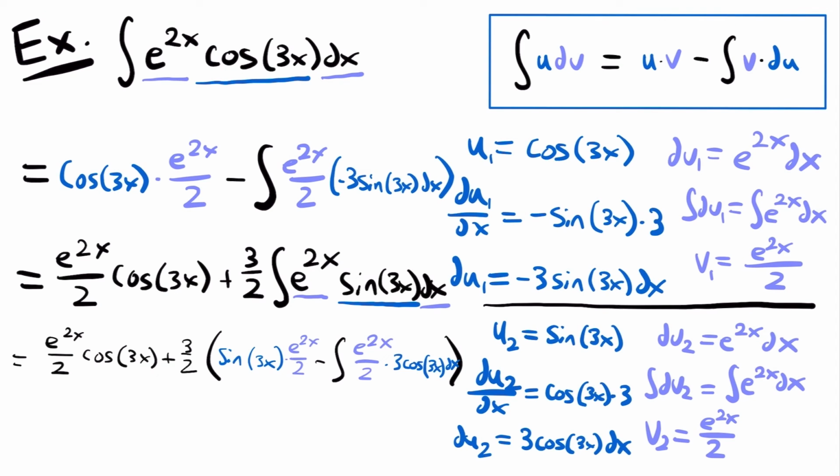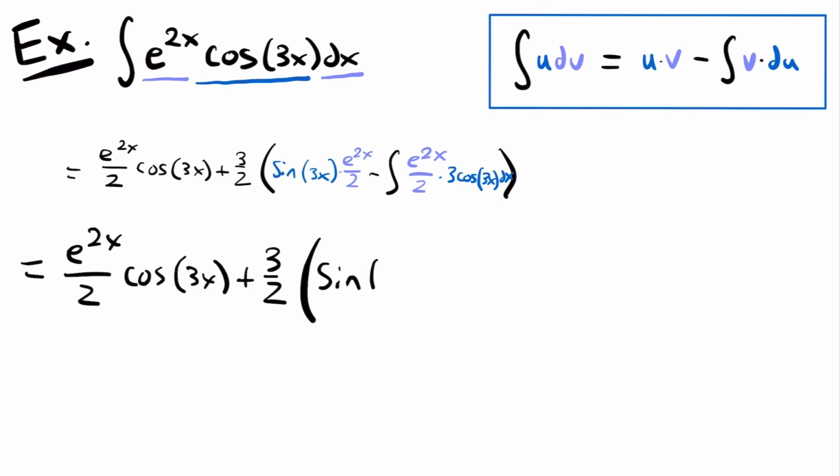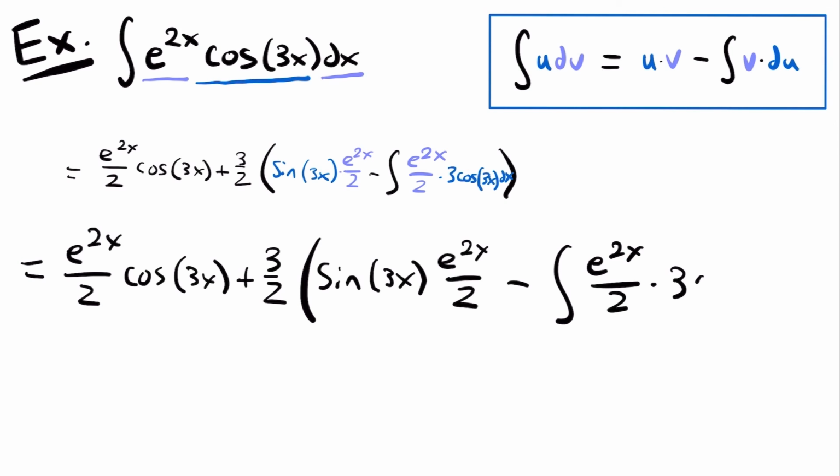And so if I clean up my work here, we can rewrite this so that it's easier to see. Okay, so this will be equal to e to the power of 2x divided by 2 times cosine of 3x plus 3 halves times sine of 3x times e to the power of 2x divided by 2 minus the integral of e to the power of 2x divided by 2 times 3 times cosine of 3x times dx. Okay, so I just rewrote exactly what we had up here so that it's more readable as we continue on with solving this integral.